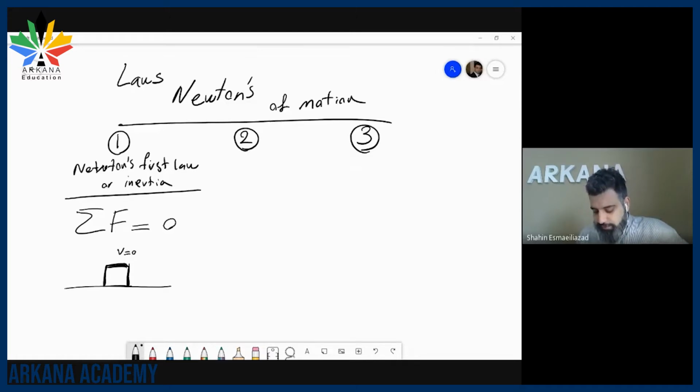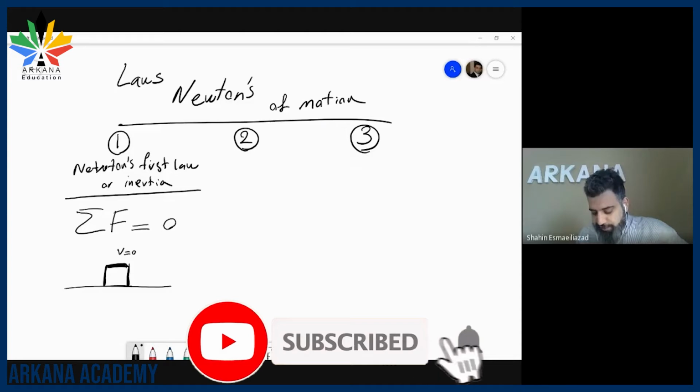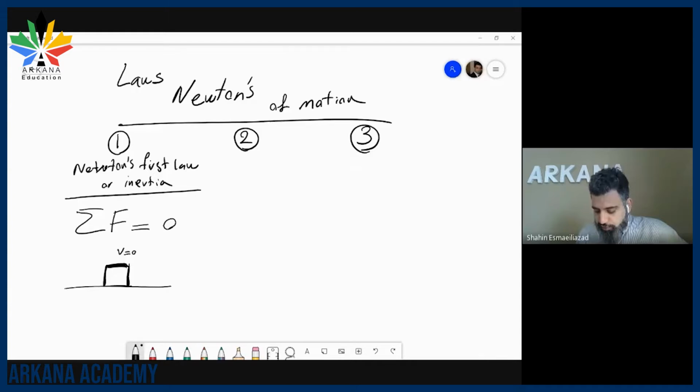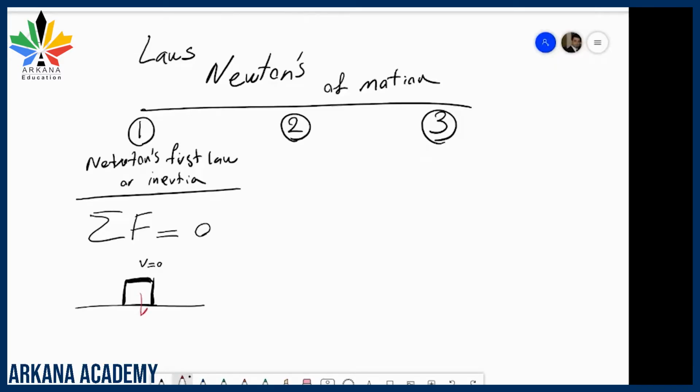It says there are either no forces acting on this object, or if there are any forces, the combination of all forces must cancel each other out, and the resultant force must equal 0. It means that if we have a force of gravity, we must have another force acting the other way, which happens to be the normal force, and the combination must still cancel each other out to give you 0. If that happens, the object is at rest, and Newton's first law of motion, or inertia, applies.